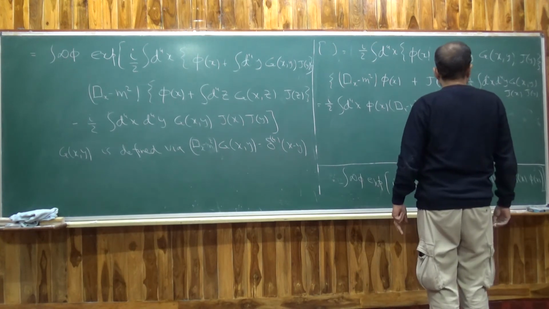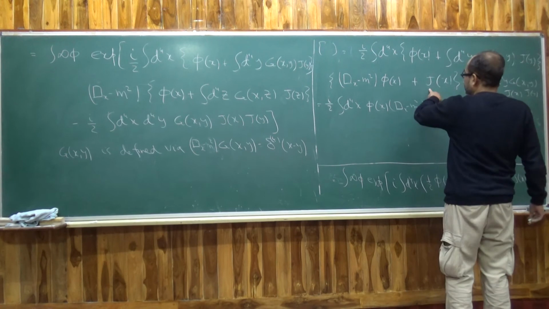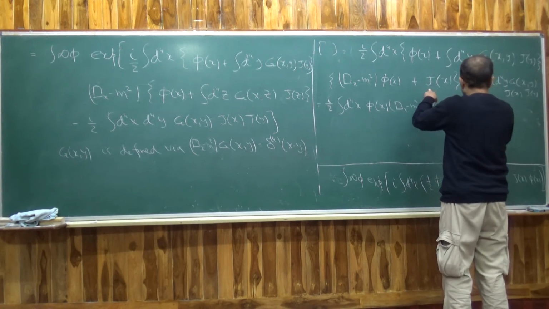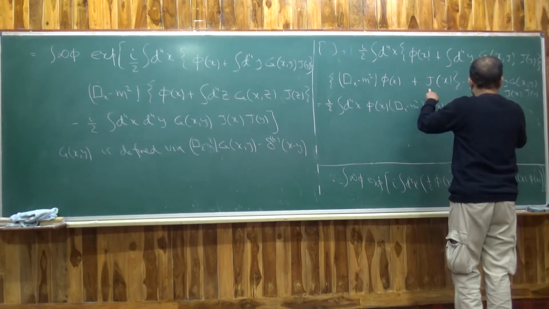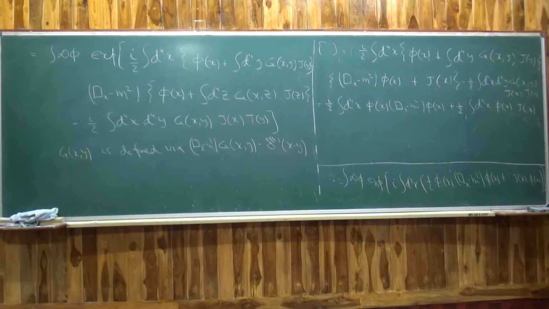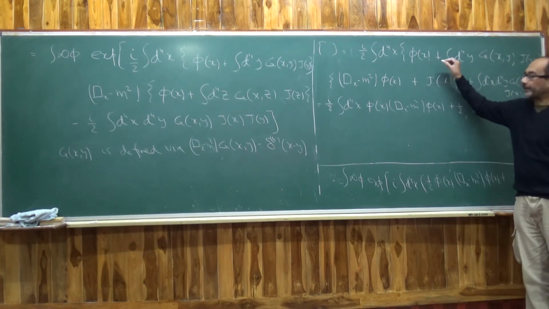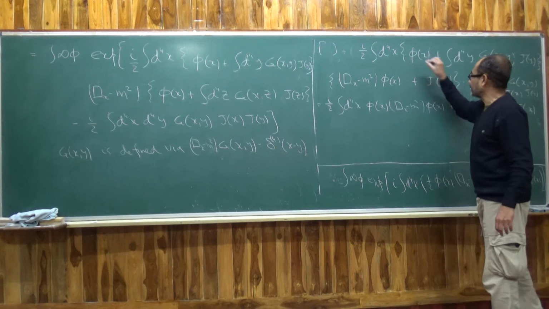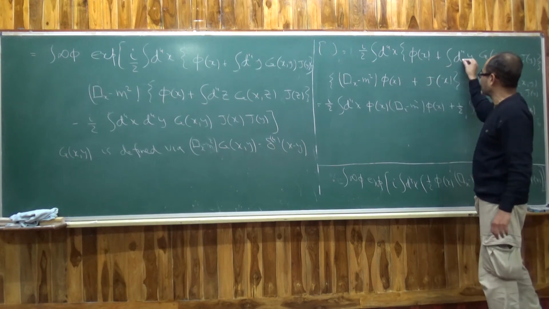How should we do this? This times this. Integral d4x phi of x dx. There are 4 terms you have to pick up. This one multiplies this, and this one multiplies this, and this one multiplies this.